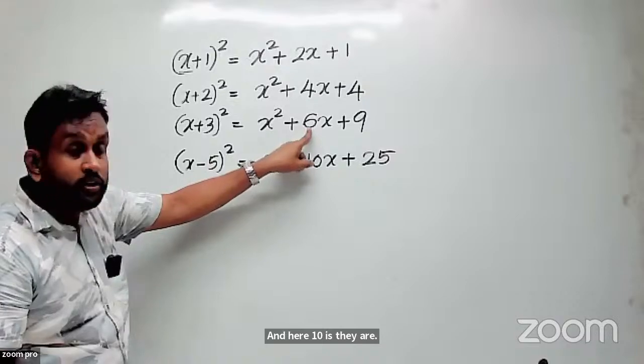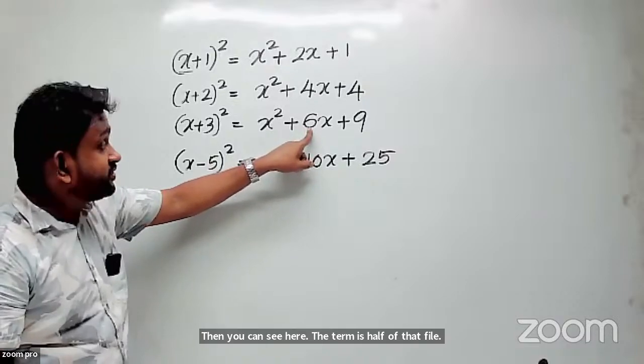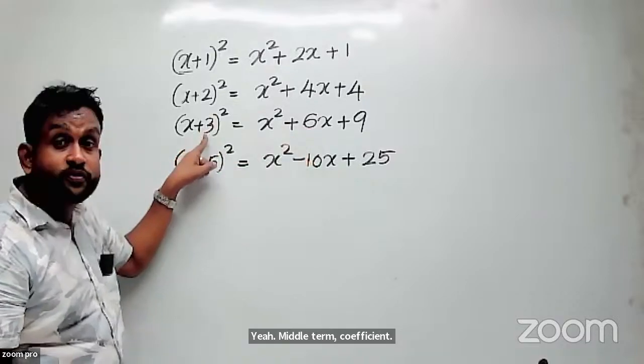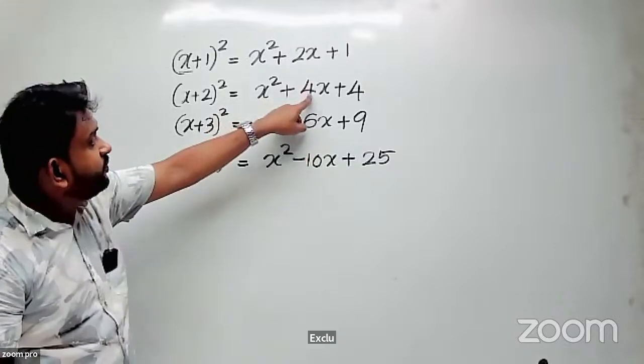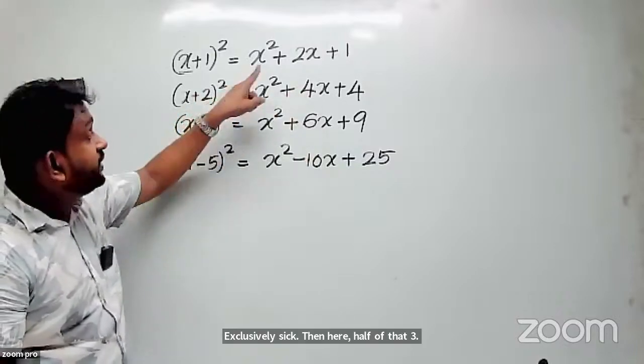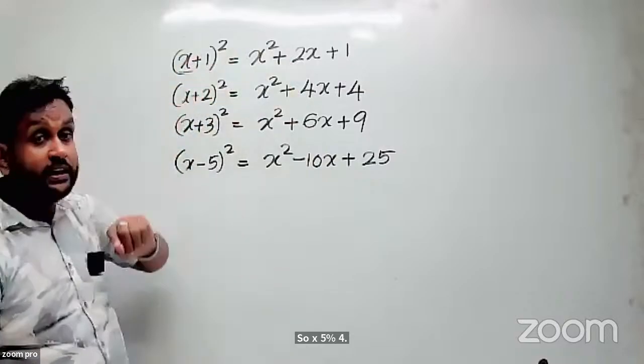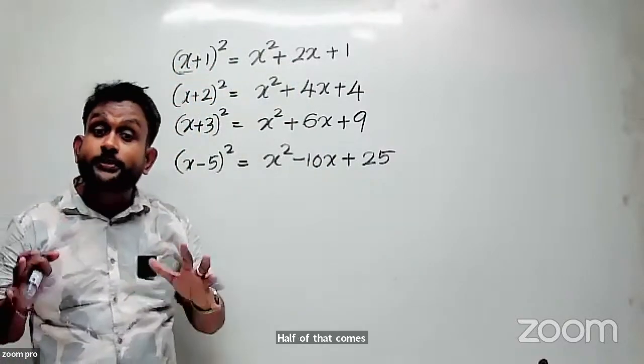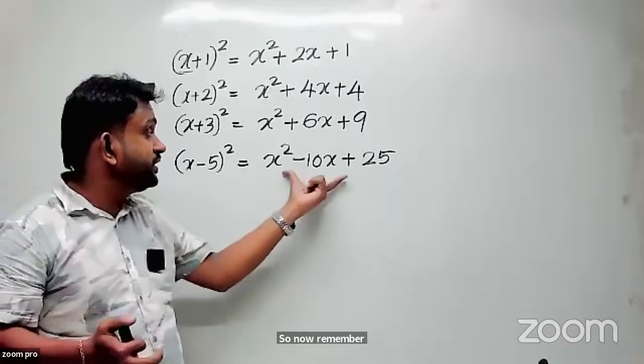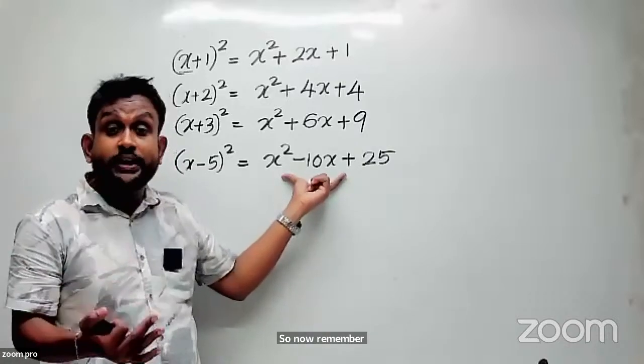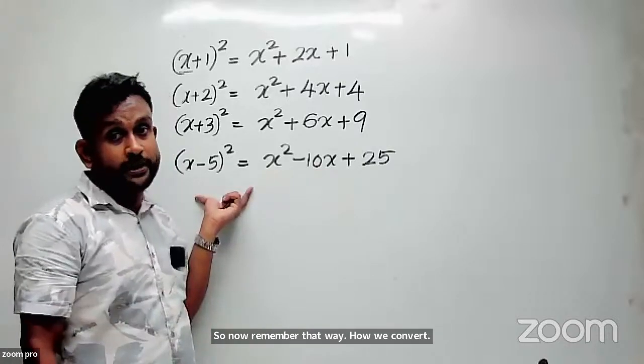Here the x coefficient is 6, and half of that is 3. The x coefficient 4, half of that comes. The x coefficient 2, half of that comes.